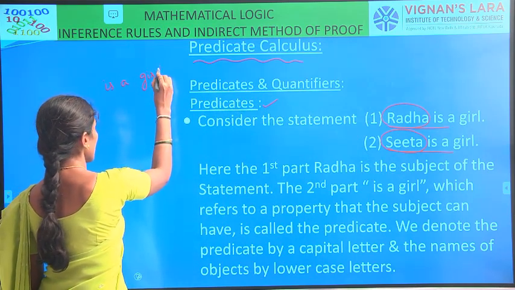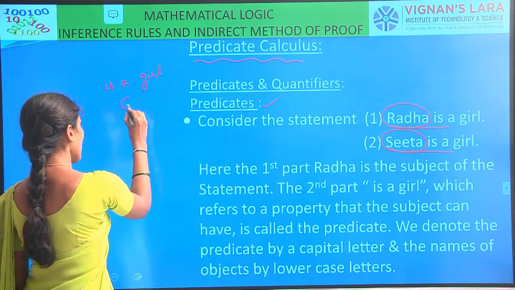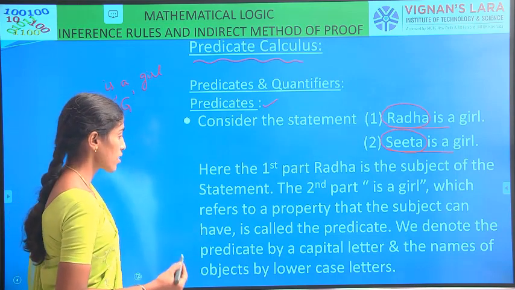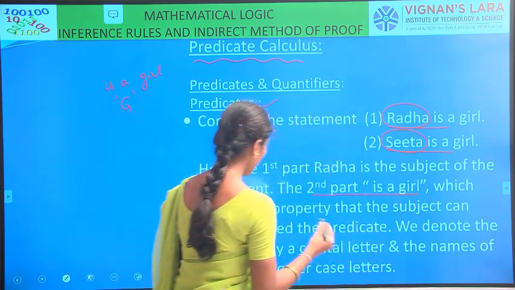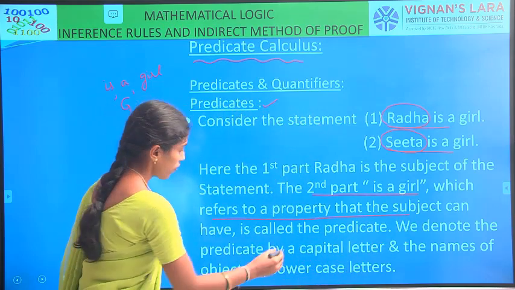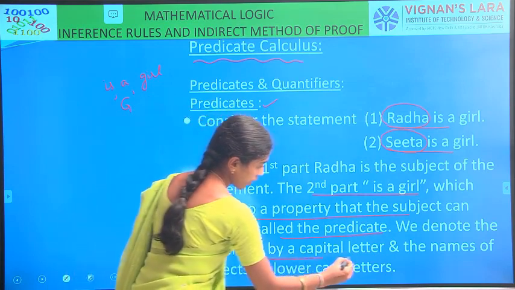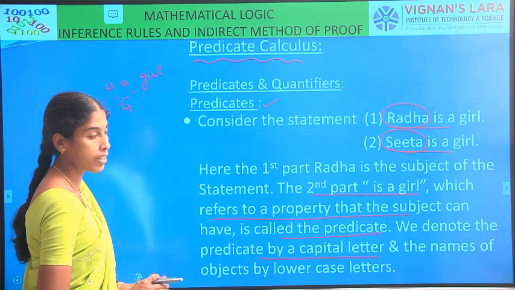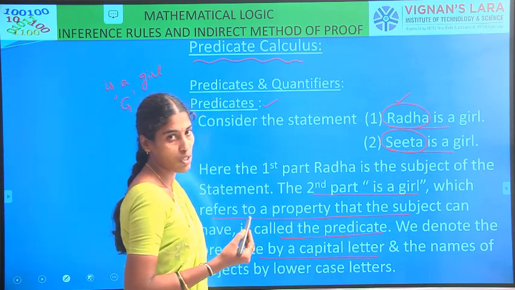What is this one? Is a girl. Is the property of the subject. It is denoted by a capital letter G. We call it the predicate. The second part, is a girl, which refers to the property of the subject, is called the predicate. We denote it by a capital letter. In the first sentence, we have Radha, which is the subject name.